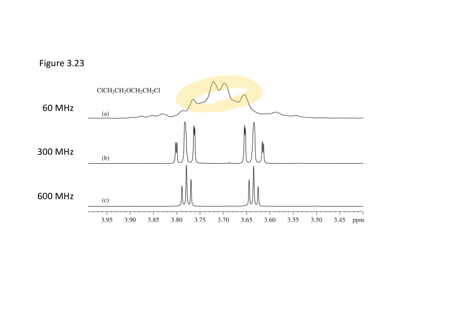At 300 megahertz, the situation improves a bit, but it's still not the ideal two triplets due to some second-order effects. This is a big advantage of the high-field NMRs in that we now get sufficient separation between the chemical shifts of the two triplets, or the frequencies of the two triplets, so that we see a clean resolution and first-order triplets.